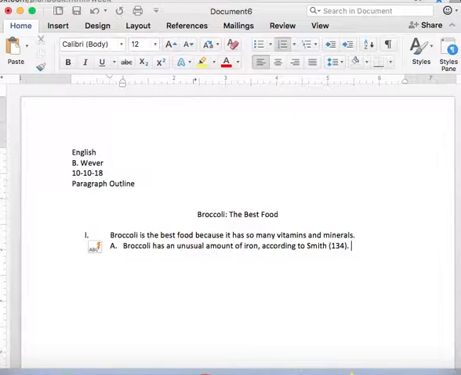Now the next thing you're going to do is again skip a line and tab so that you are lined up with that second line there. So again, press the backspace key. Now the thing with outlines is you alternate numbers and letters. So up here we had a Roman numeral, here we had a letter, here we're going to have another numeral, but it's going to be your normal Arabic numeral, your normal number 1. And this is where you're going to put your commentary.